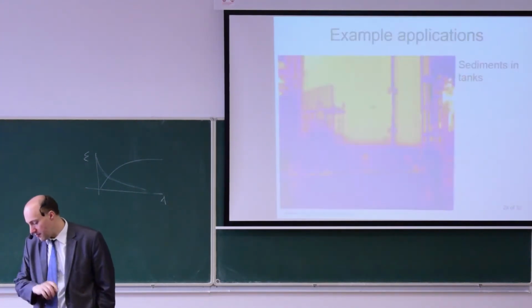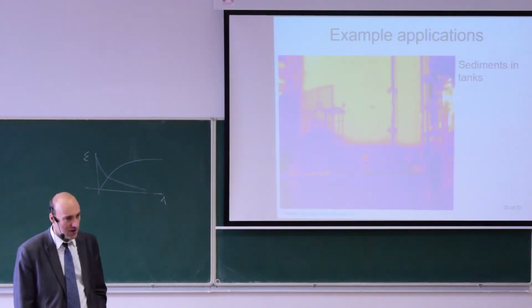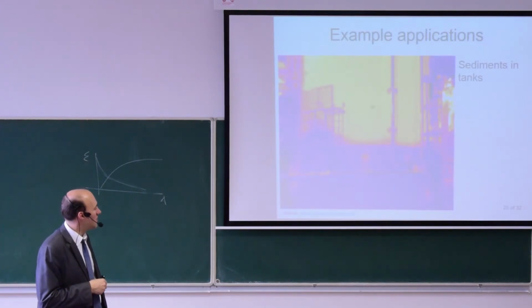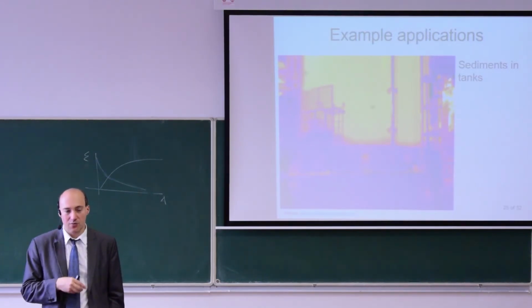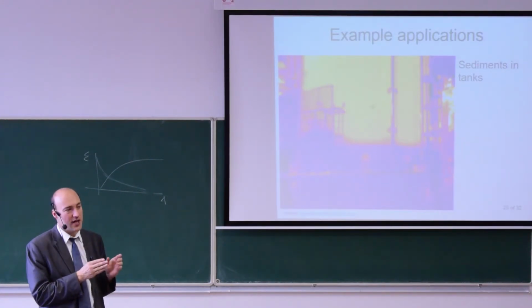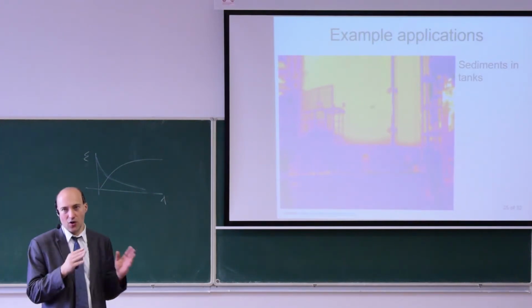Now some examples of applications where you can use thermal cameras. For example, you can measure sediments in tanks. Now all this assumes that you are looking at a surface which has roughly the same emissivity across the whole surface.